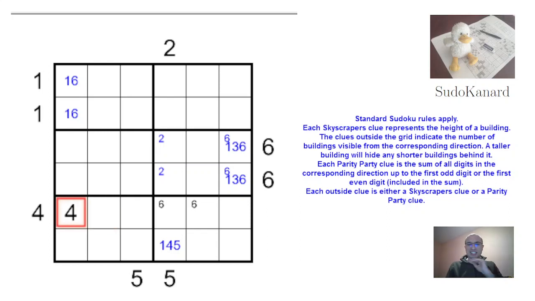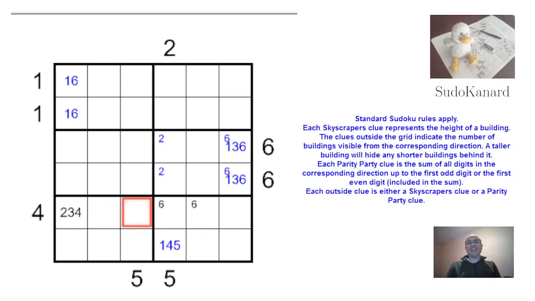I leave it as an exercise. That's really not hard. So the options are 2, 3, or 4. 2 or 3 if it's just a skyscraper, and 4 if it's parity party.